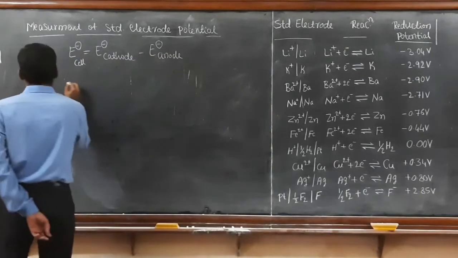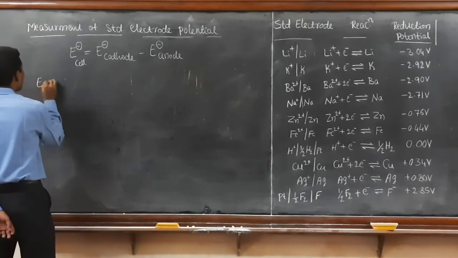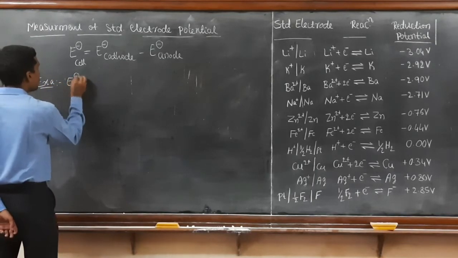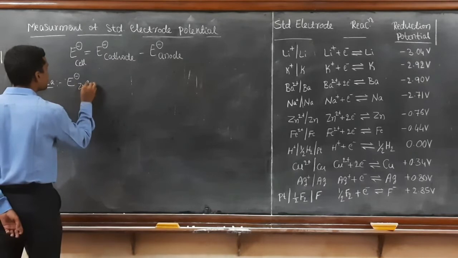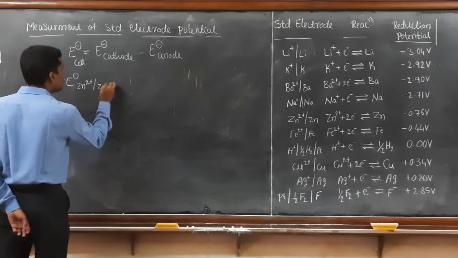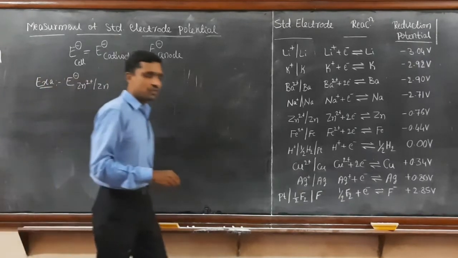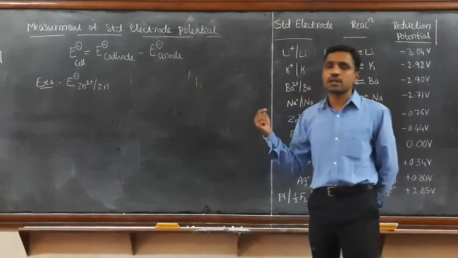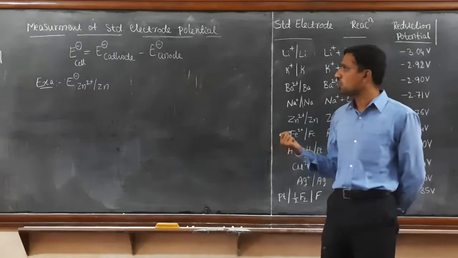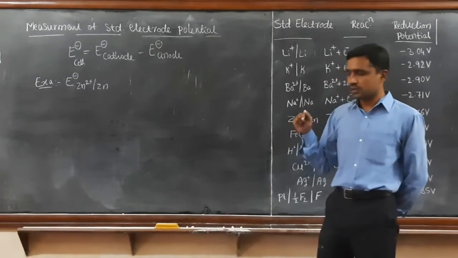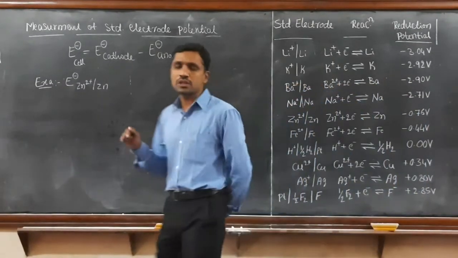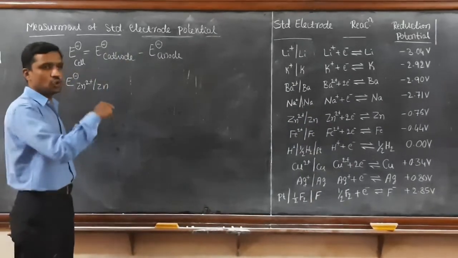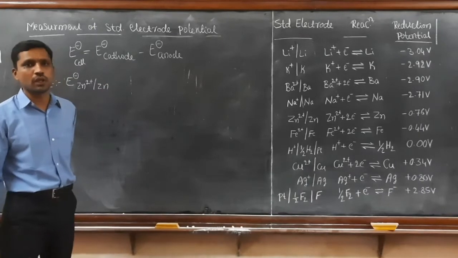For example, if you want to determine the EMF of a zinc electrode, it can be determined by connecting the zinc electrode with the standard hydrogen electrode. You already know that the zinc electrode consists of zinc dipped in a 1 molar zinc sulfate solution, and that is connected to the standard hydrogen electrode.